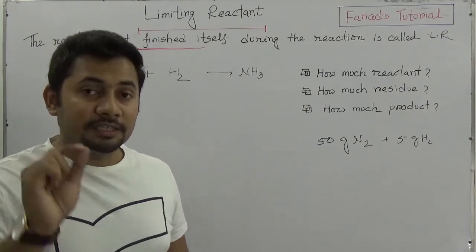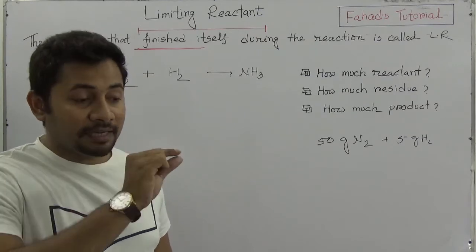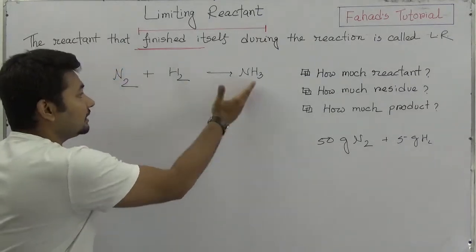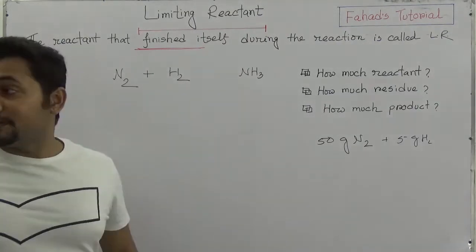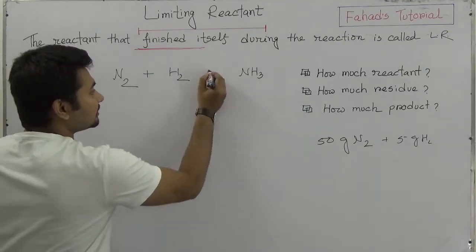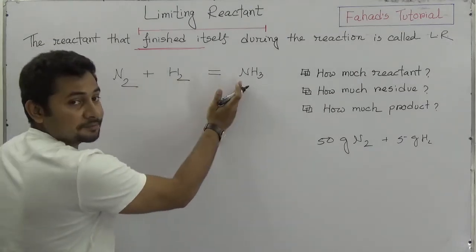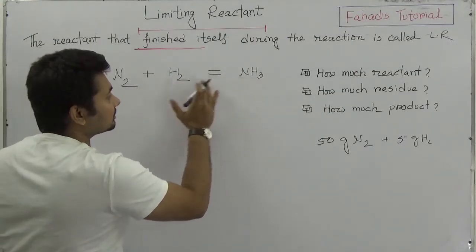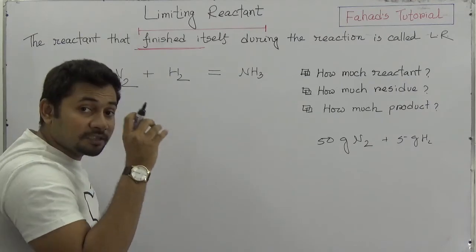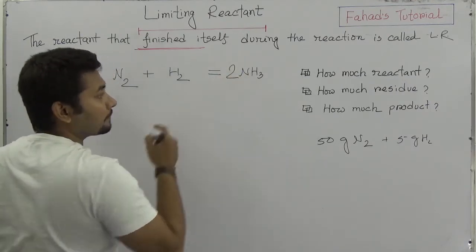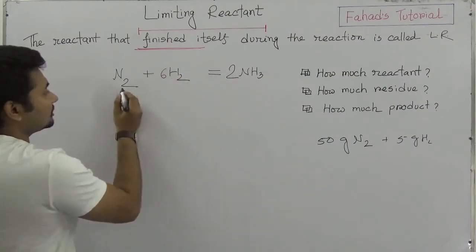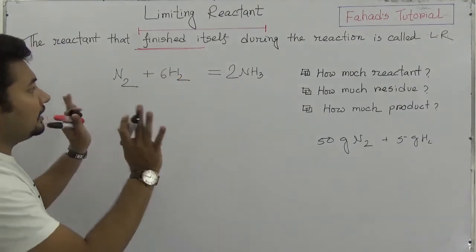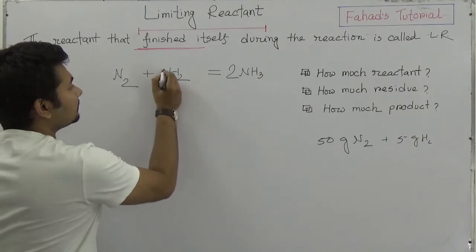First, we need to balance the reaction between the reactants and product, and provide an equal sign. Now we see that the atom number is not the same, so we need to put 2 here, as hydrogen becomes 6 and here nitrogen is 2. So now it's done.